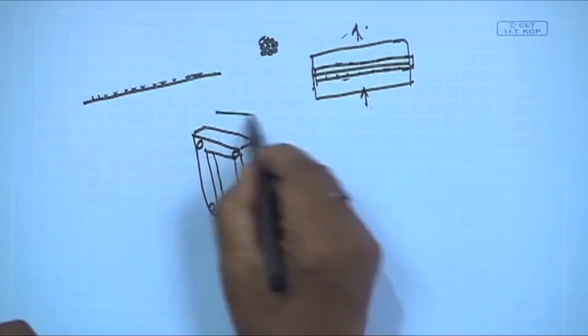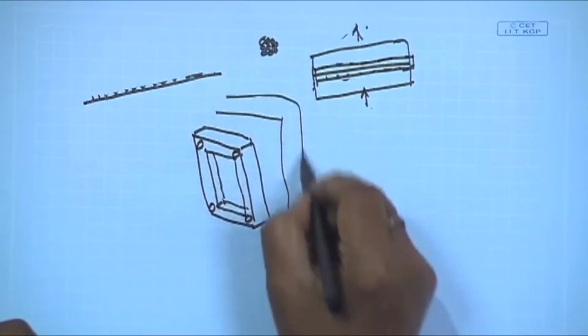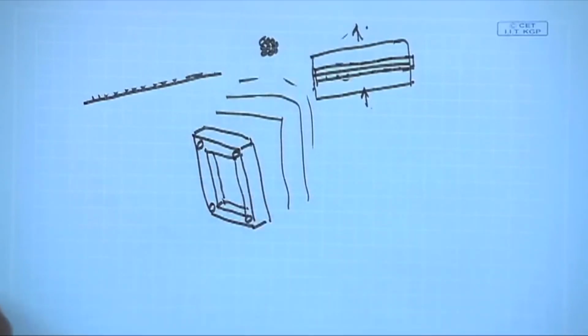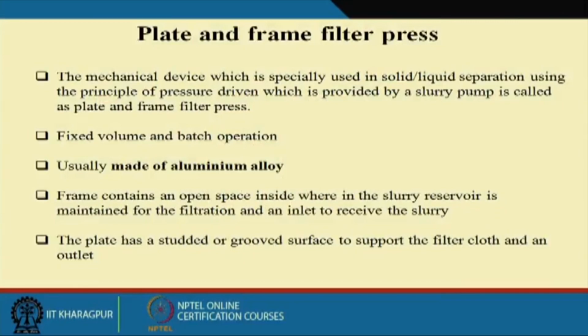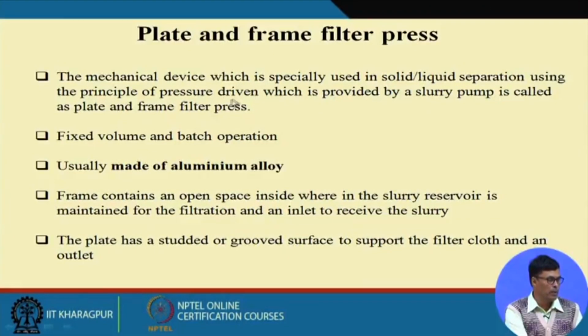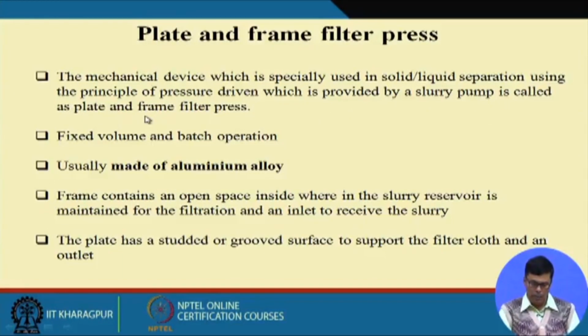So we can bunch a number of such frames together. It is a mechanical device specially used for solid liquid separation using the principle of pressure driven flow, with the slurry pump. So how is it done?